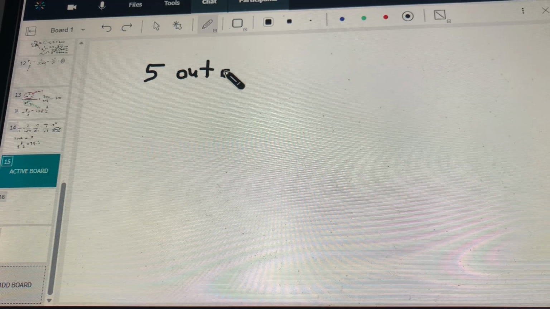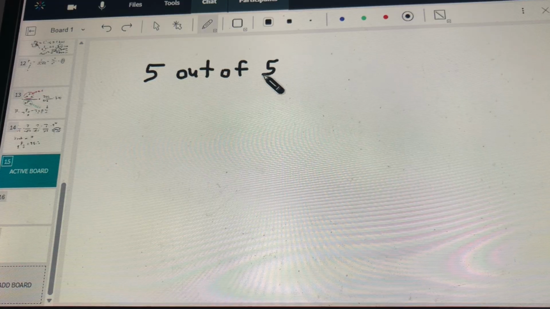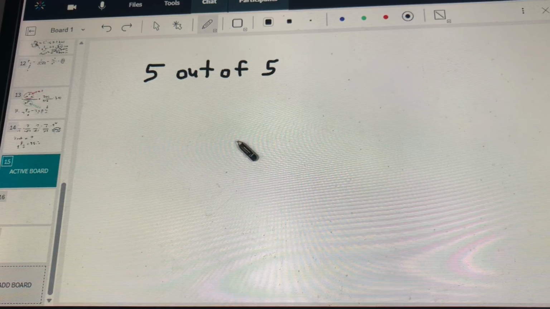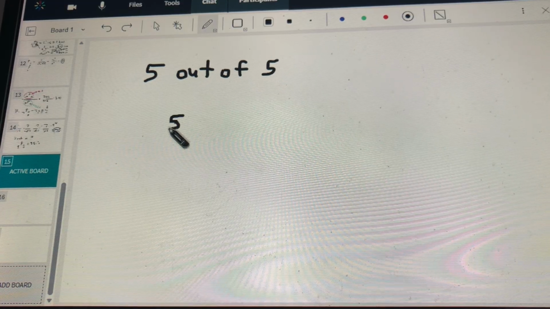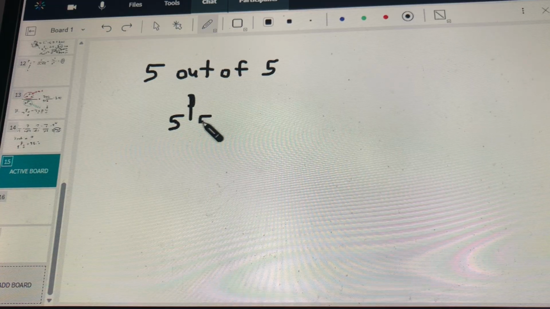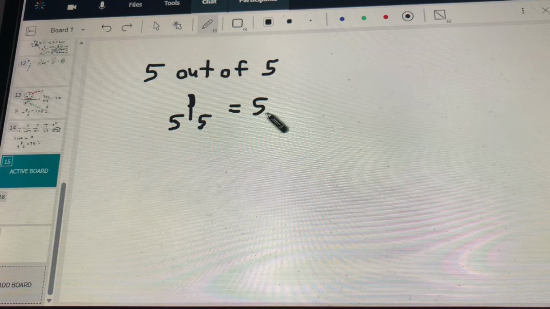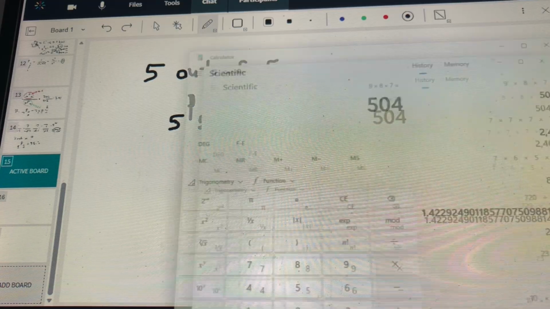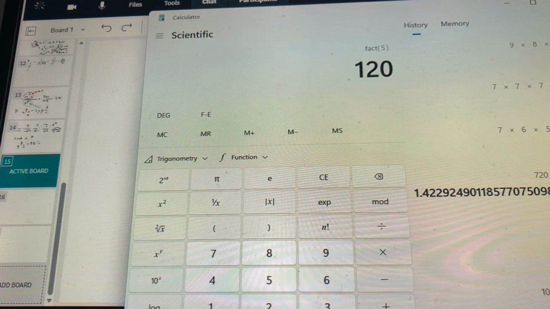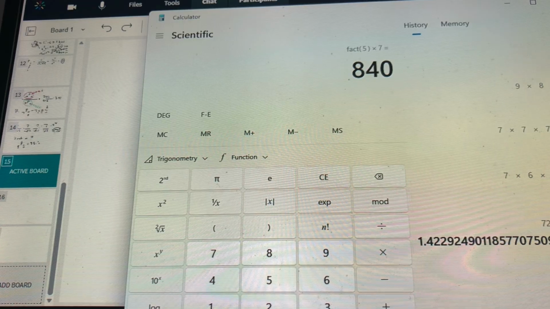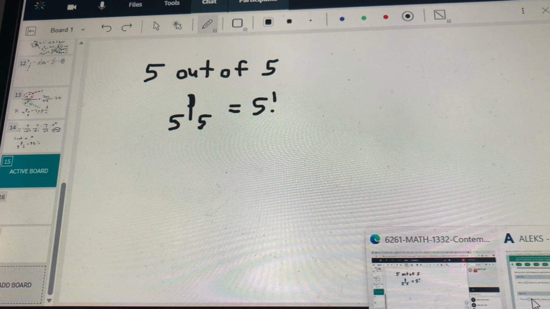I got to pick 5 out of 5. And if I can't repeat, that's a permutation. So 5 permutation 5. Remember, if you ever do a permutation where both numbers are the same, that's the same as a factorial. So this is just 5 factorial. I have 5 digits, I can't repeat them, and I have to use all 5. That's 840 ways to do that.